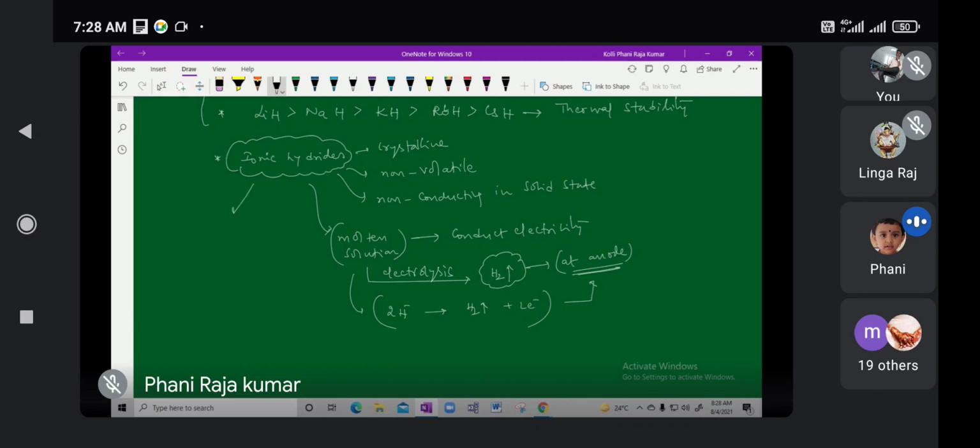And these ionic hydrides react violently with H2O, producing hydrogen gas, and the solution becomes alkaline.